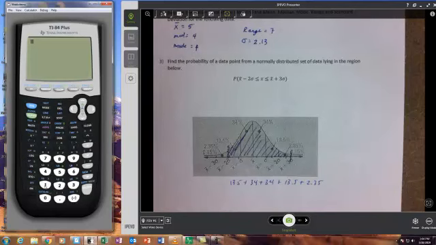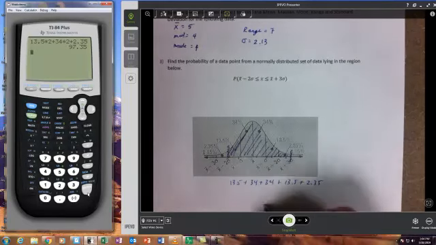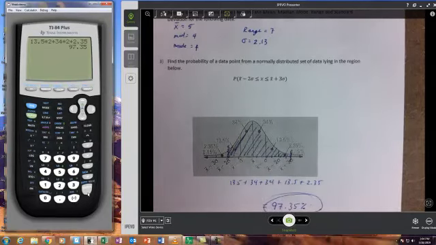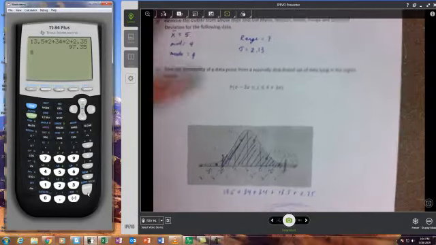I've got 13.5, and I've got two of those, so I'm going to times that by 2, plus 34 times 2, plus 2.35. You can add those up however you want. We should get a probability of 97.35%. Okay? That's it. Just reading the table a little bit.